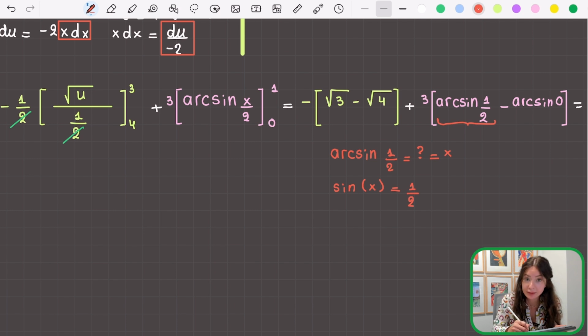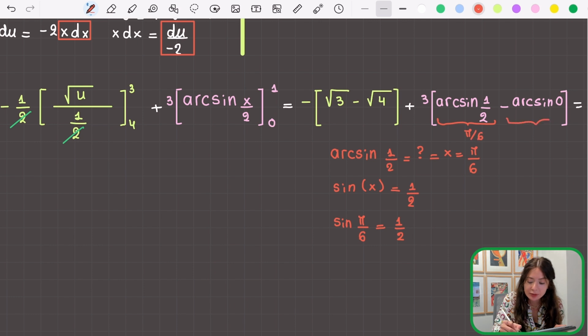It's 1/2 at 30 degrees, right? But with all of these angles, trigonometry with integrals, it's always in radians. So don't think of degrees when you're doing integrals and you see trig, it's always angle in radians. And that will be 1/2. Okay, your x we determined is pi over 6. This whole thing, arc sine 1/2 equals pi over 6.